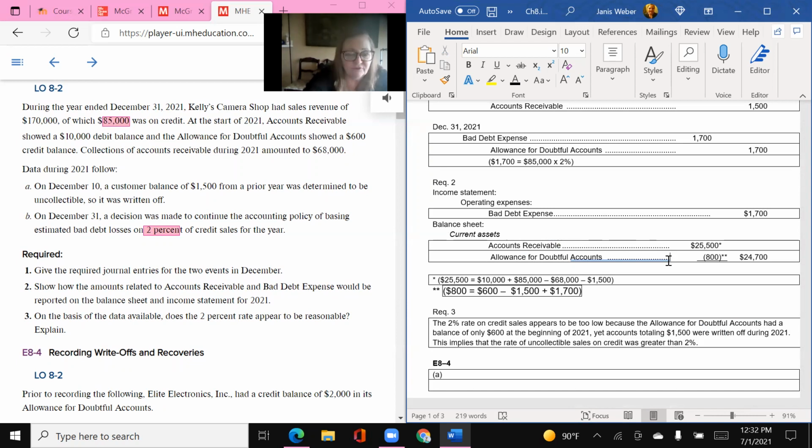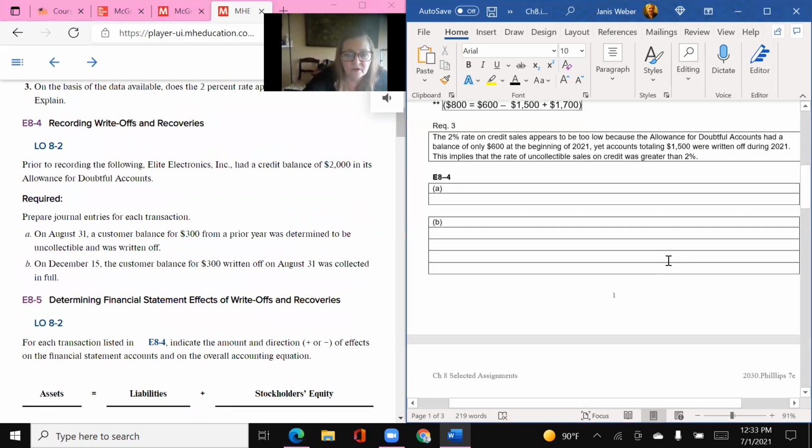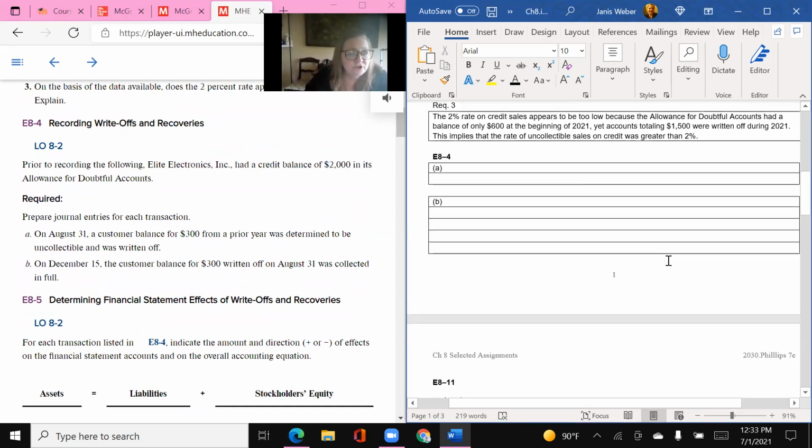Okay, then E84. Let's see what this one does. Prior to recording the following, Elite Electronics had a credit balance of $2,000 in its ADA. Prepare journal entries for each of the transactions. On July 31st, a customer balance of $300 from a prior year was determined to be uncollectible.